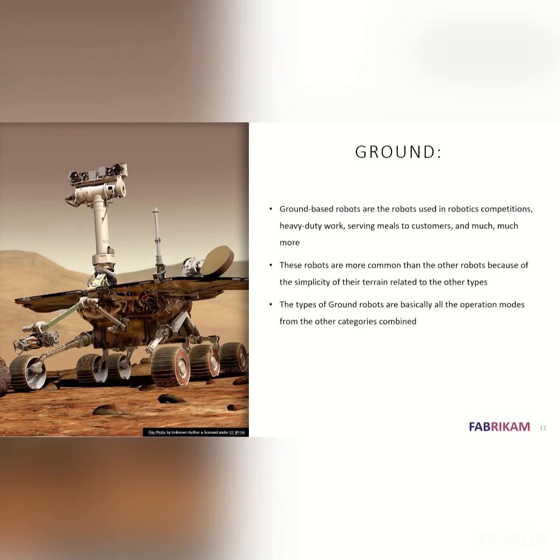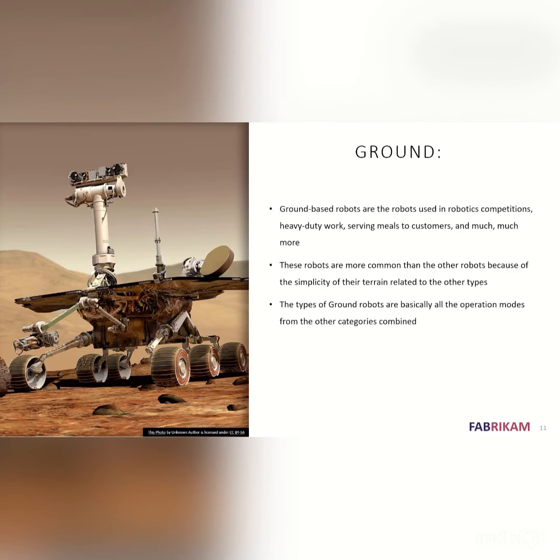Ground-based robots are the robots used in robotics competitions, heavy-duty work, serving meals to customers, and much more. I would say these robots are probably the most frequent robots that we see. Just walking around, you could probably see a couple of robots in your house for certain small tasks, for example, Roombas, which clean the house.